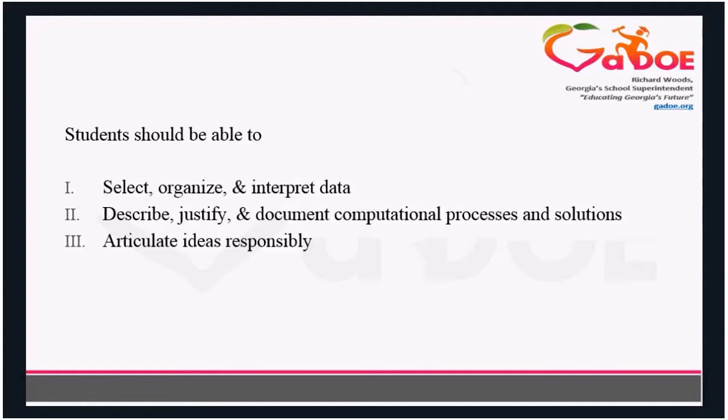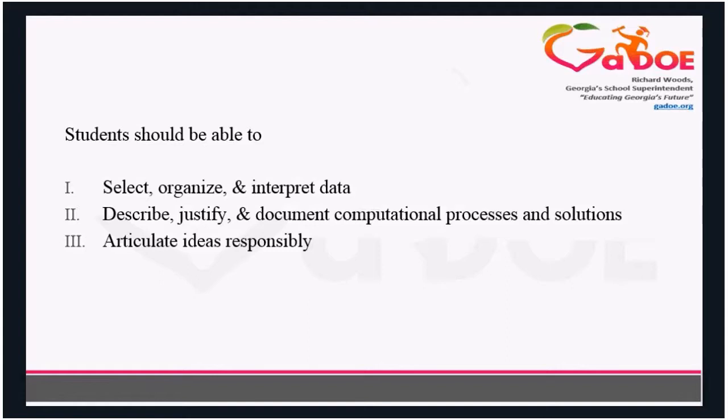And then describing, justifying, and documenting the processes that are involved in design, in the context of being able to produce solutions. What does that project and that design solve, and using that information to make goals towards those solutions.